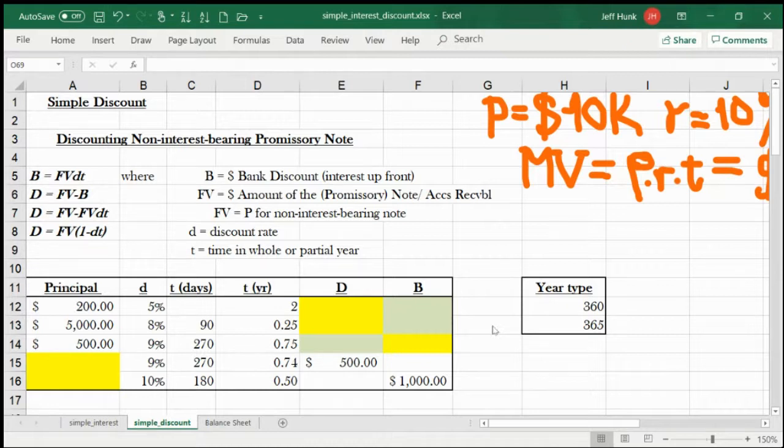So these large companies can flex muscle and say, well, we'll pay with a promissory note, but we can't pay interest.